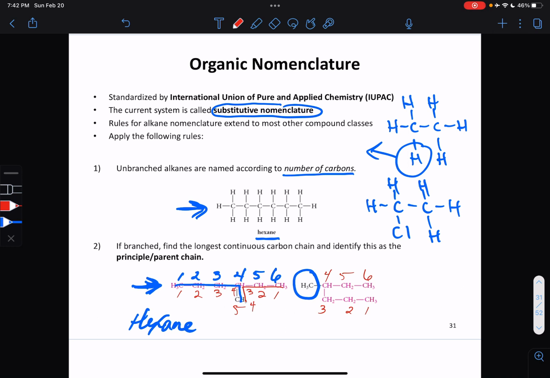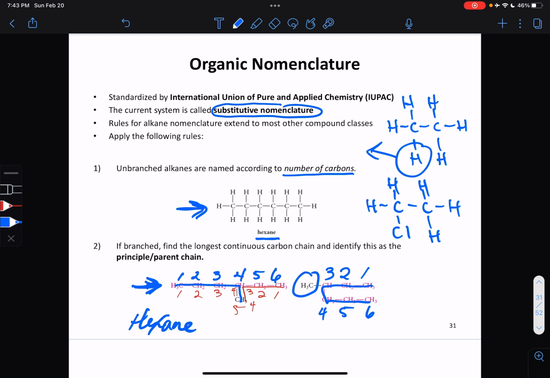So you can see with this numbering right here that we have our branch hanging off of carbon 4. Whereas with the other numbering system, if we had our longest continuous chain like that, we would have our branch hanging off carbon 3. And again, that's one of the rules that we will get to on the next page.